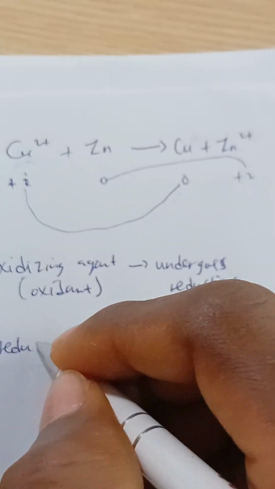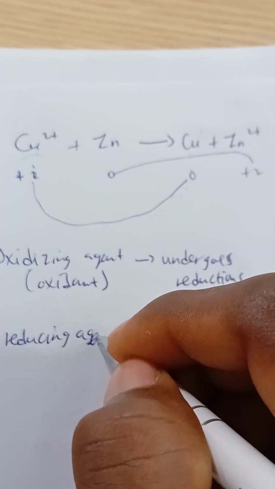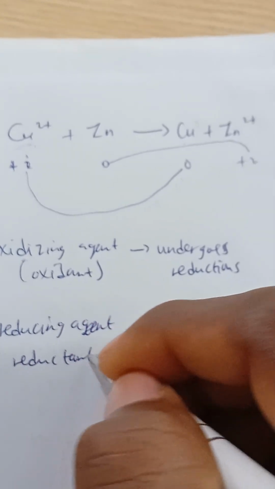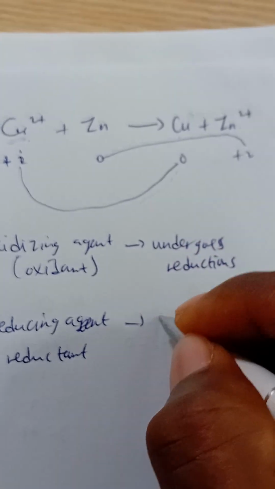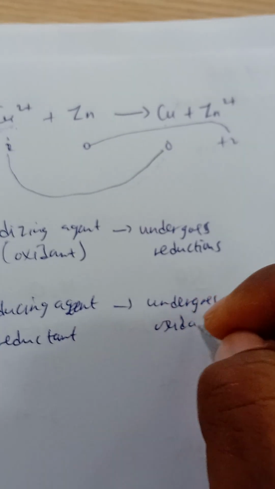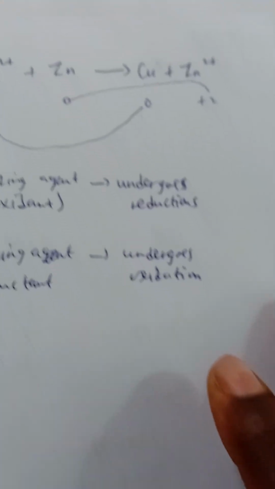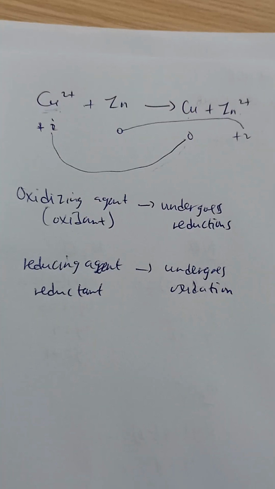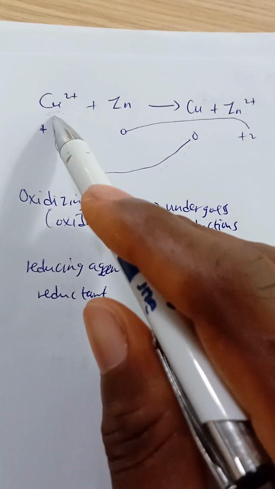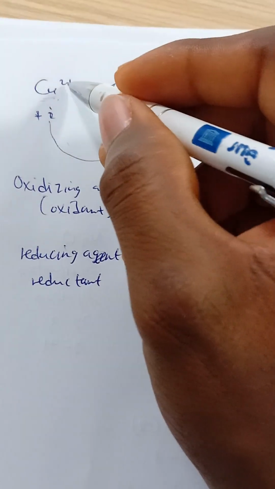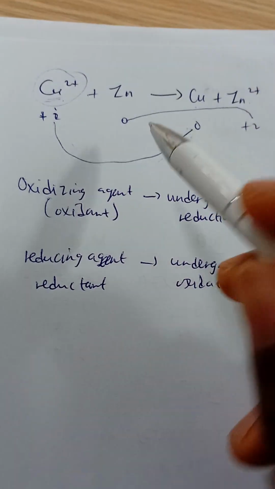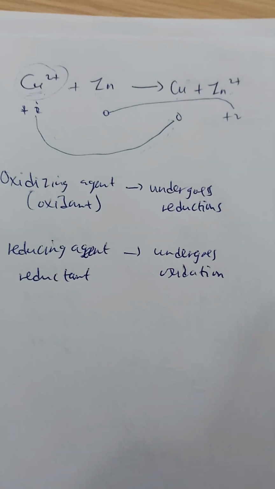And we have reducing agents, or reductant, which is what undergoes oxidation. In the process of reducing another species, it is being oxidized. So what's our oxidizing agent? The species that has undergone reduction, so our oxidizing agent is Cu2+. Our reducing agent is Zn because it has undergone oxidation.